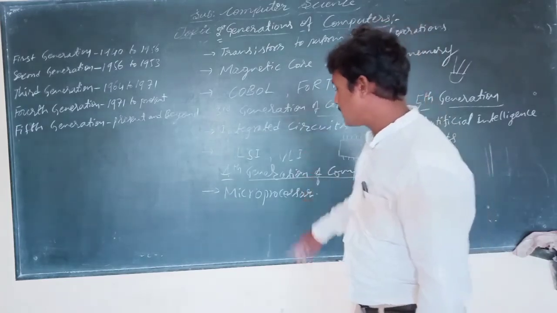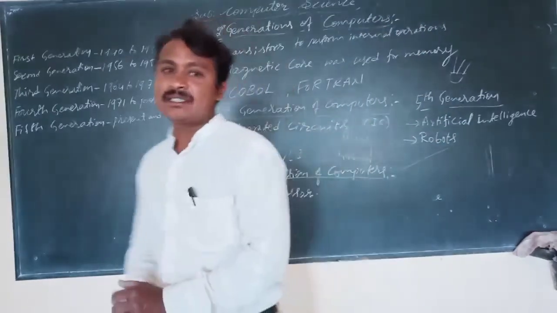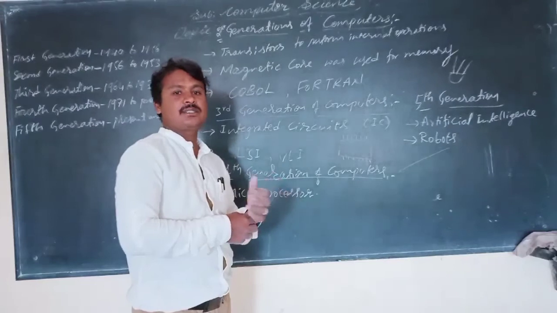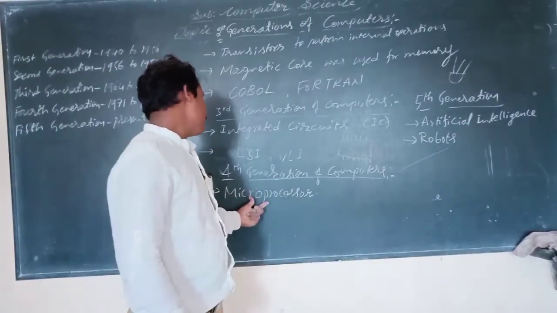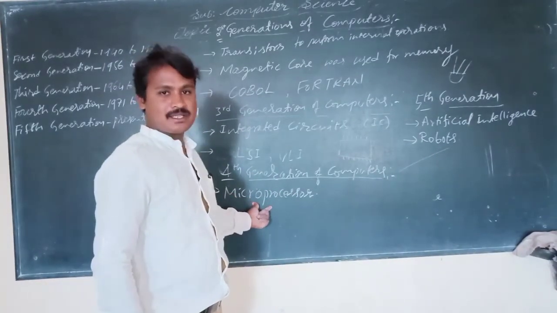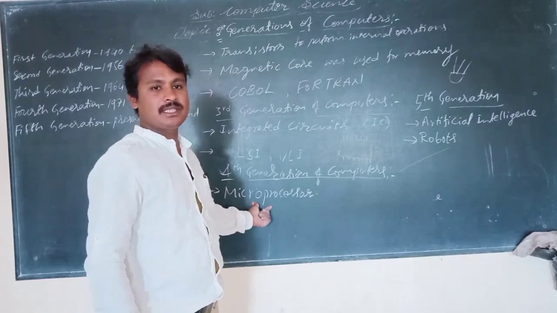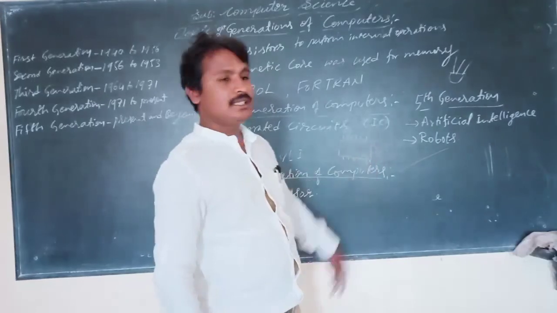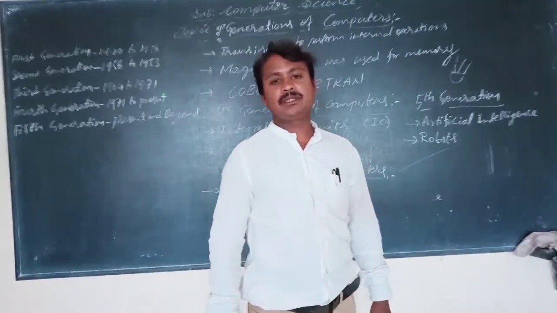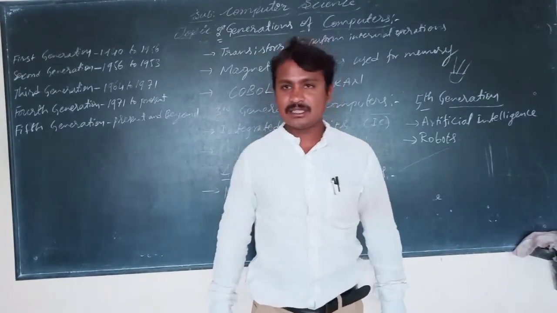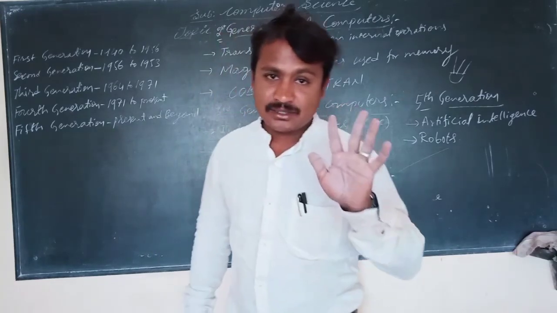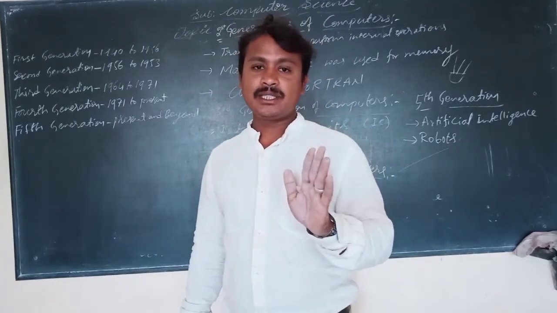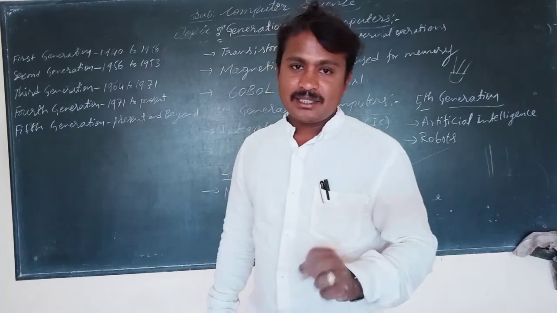In fourth generation of computers, instead of integrated circuits, microprocessors are used. Understood, everybody? In fifth generation of computers, artificial intelligence and robots came into existence. These are all the details about 5 generations of computers. Understood, everybody? Let's meet in the next class.